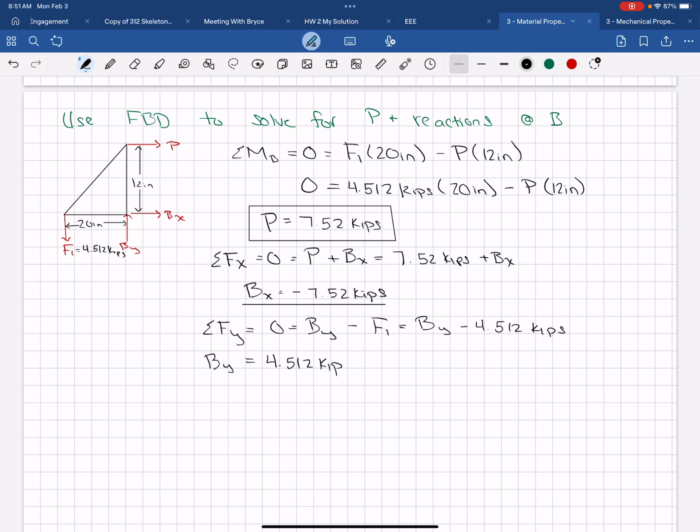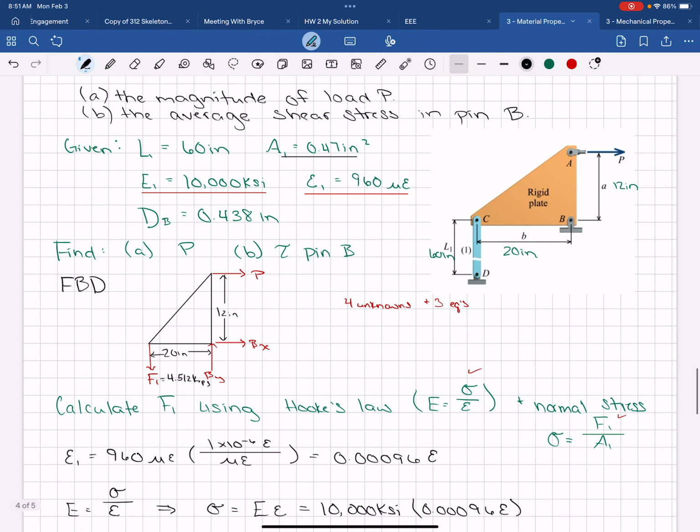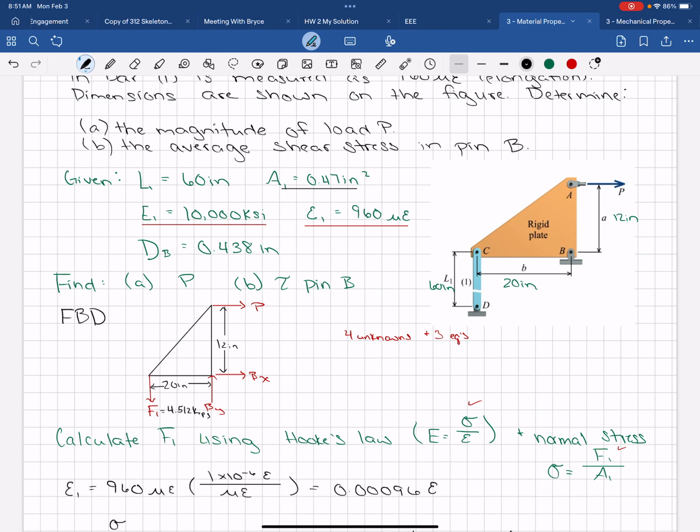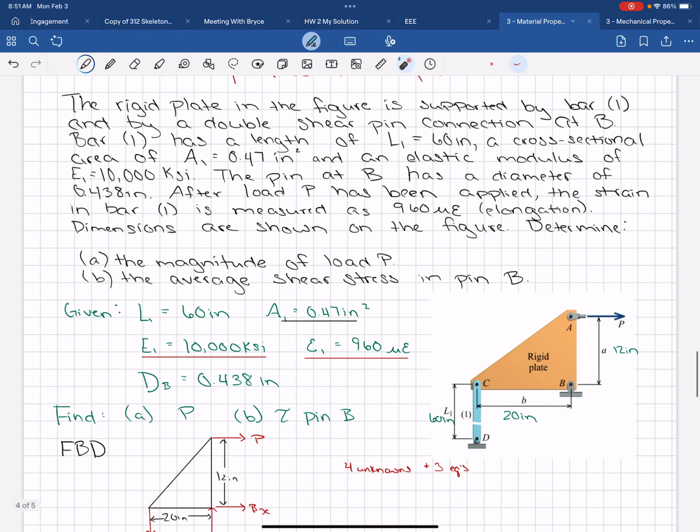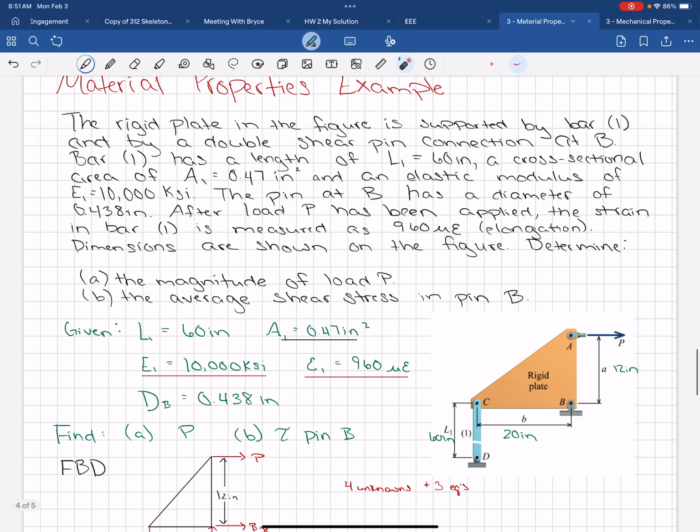And now we can do part B. What was part B? Part B was the shear stress in pin B, so we have to determine if it was in single or double shear. The pin at B, rigid plate is supported by double shear.